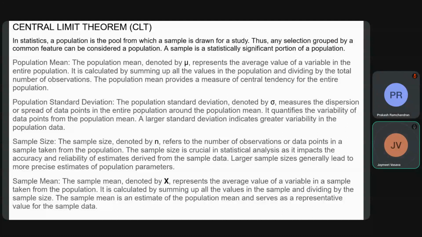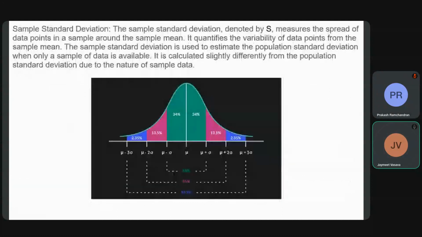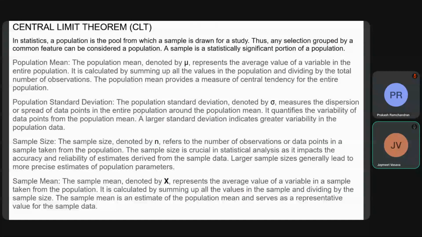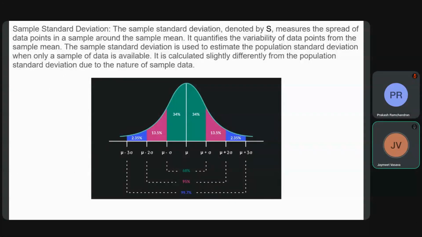The sample size is denoted by n, and then comes the sample's standard deviation, denoted by capital S. This is what depicts the normal distribution.